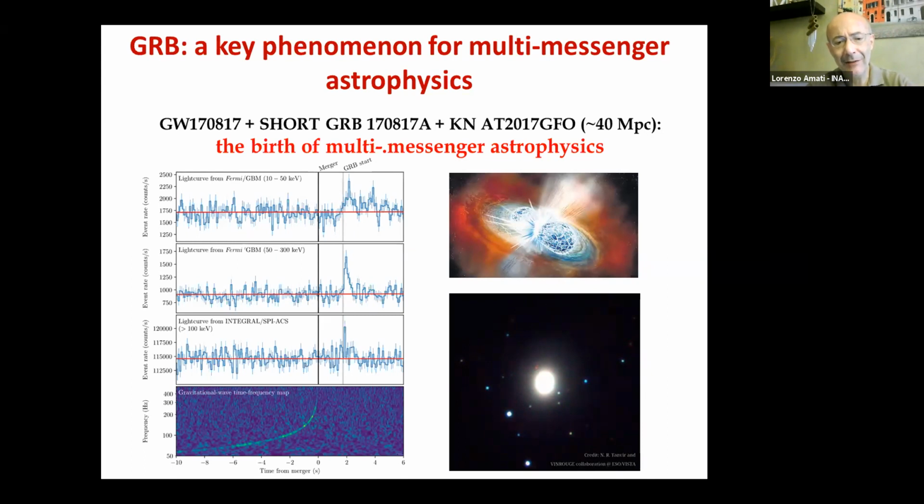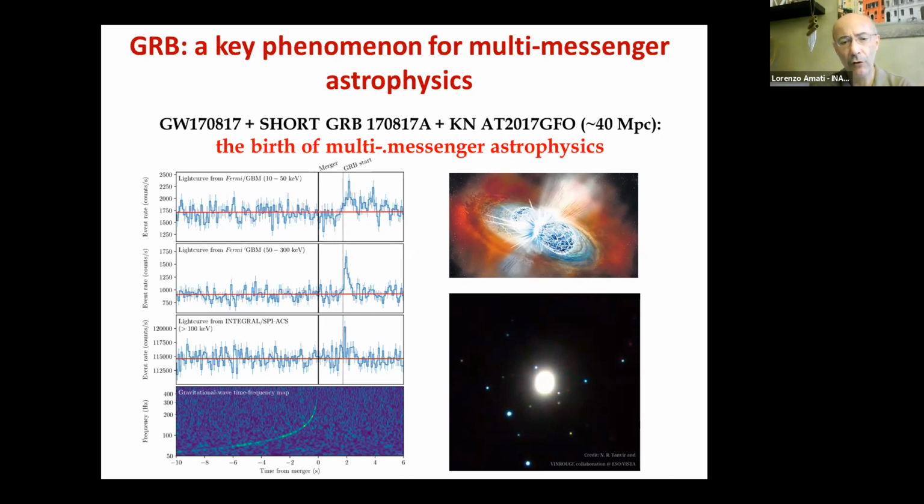But in 2017, we had the final proof: a gravitational wave detected by LIGO from a neutron star merging system, and the short gamma ray burst associated with this event. As you can see, there is a 1.7 second delay between the gravitational wave signal and the short gamma ray burst. I will get back to this, but of course it is telling us something.